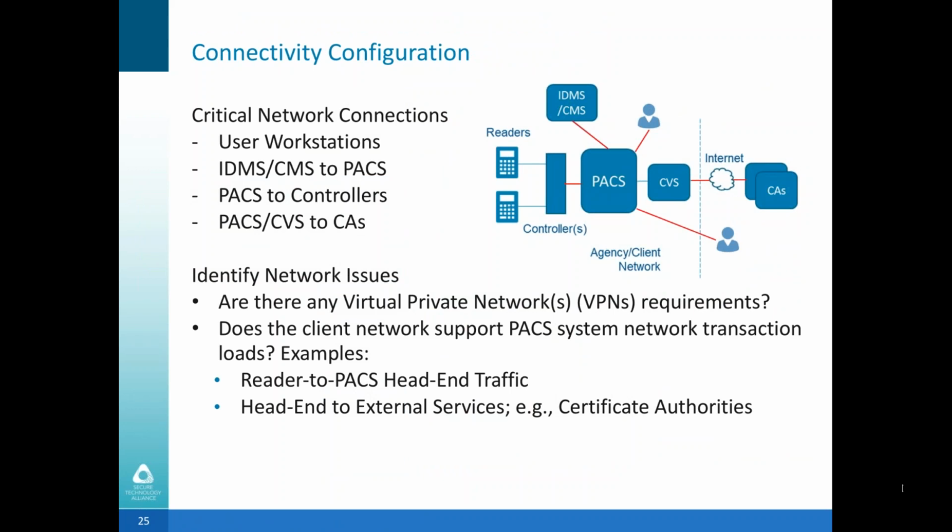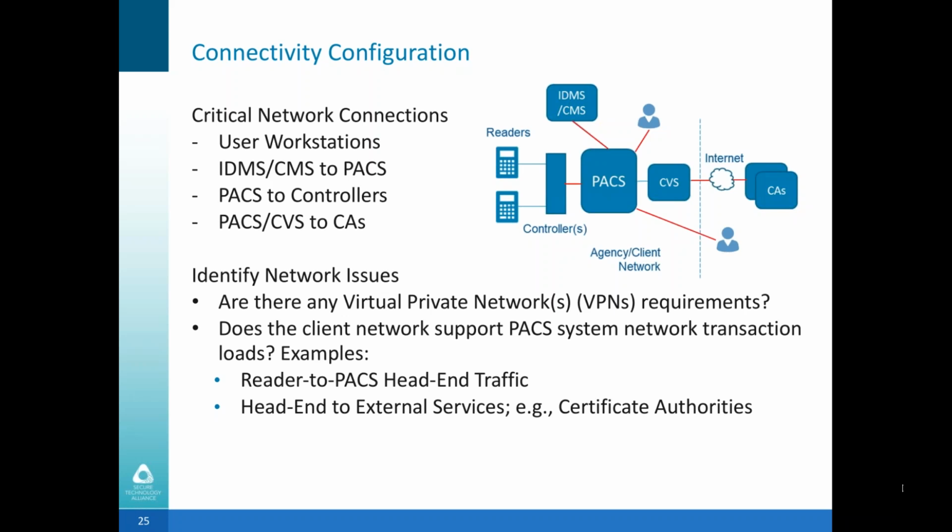A crucial factor in the design phase for network systems is connectivity and associated security boundaries. We identify some of these key network access points and interfaces here, as shown in red in the diagram. They include, for example, user and user workstation access, connections with provisioning systems, PACS to controller interfaces, and PACS to certificate authority interfaces.